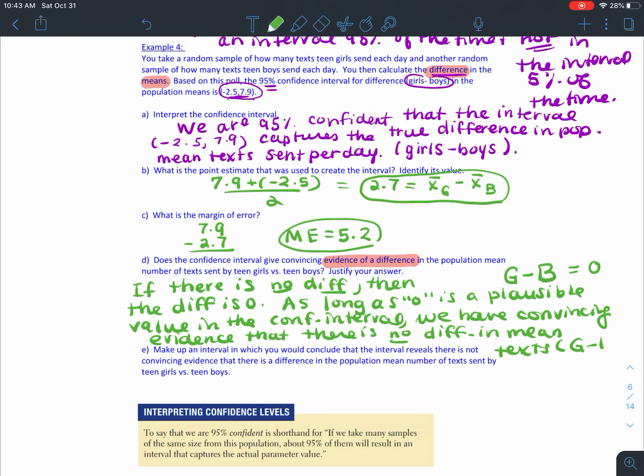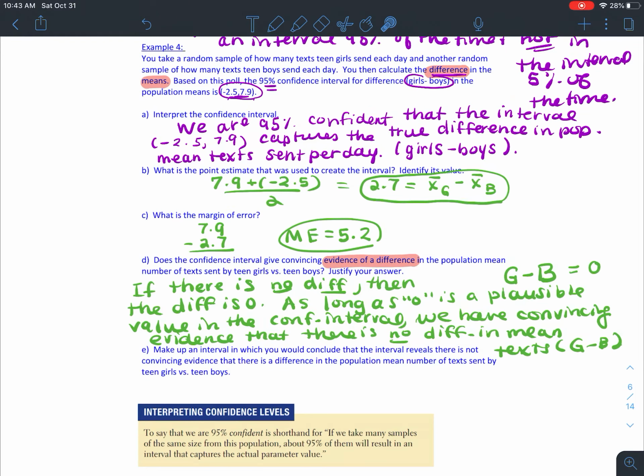Again, girls minus boys. Okay. Now, I understand that there were other numbers in the confidence interval other than 0, but anytime it asks you whether there's evidence showing that there could be a difference, okay, then if 0 is even a possibility, if 0 is plausible, then that is evidence that there is no difference.